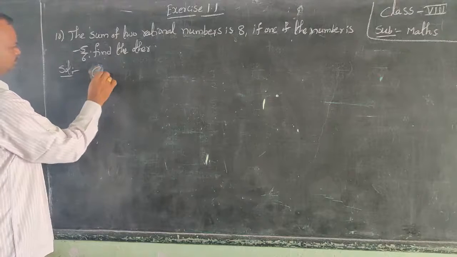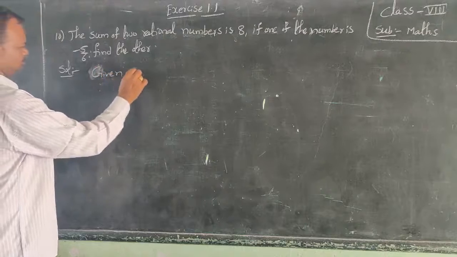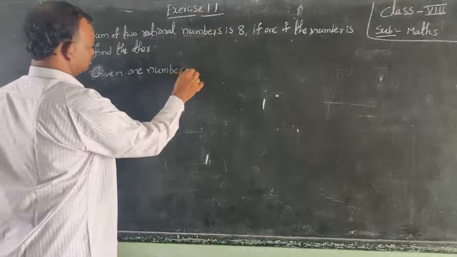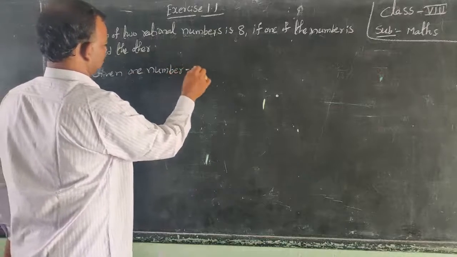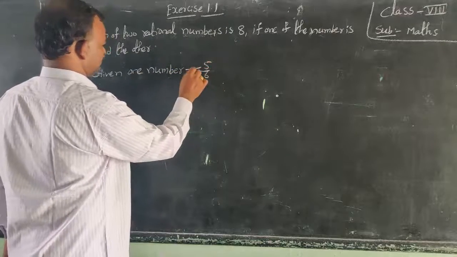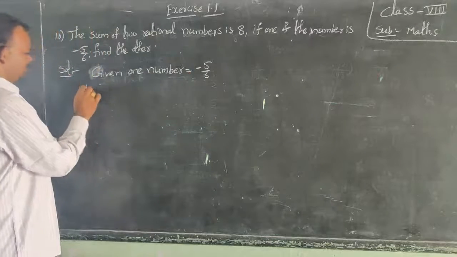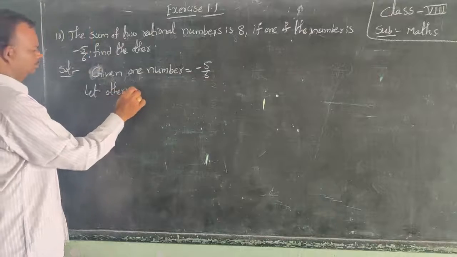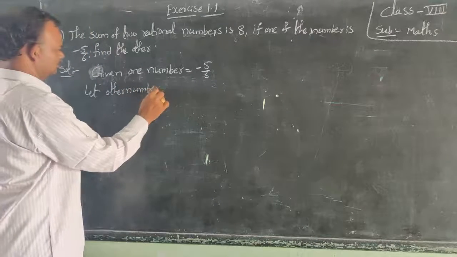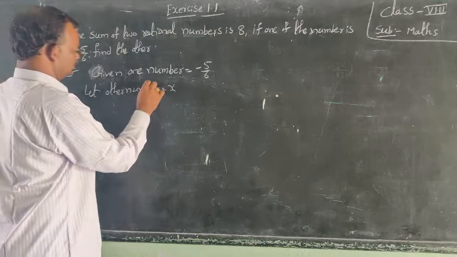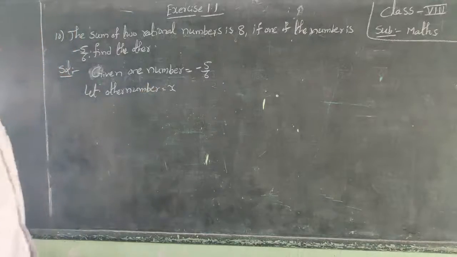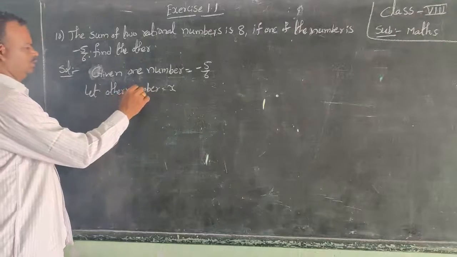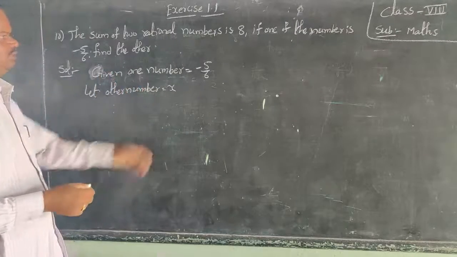Given, one number is minus 5 by 6. Let the other number be equal to x. Because the sum of two numbers is 8.